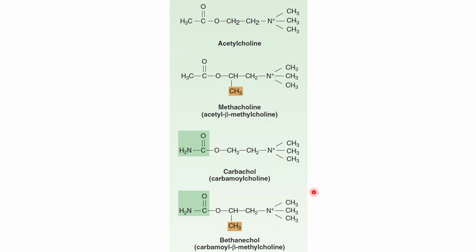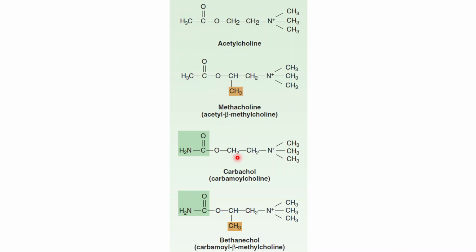The beta methyl group of the bethanechol and of the methacholine reduces the potency at the nicotinic receptor and gives muscarinic selectivity.